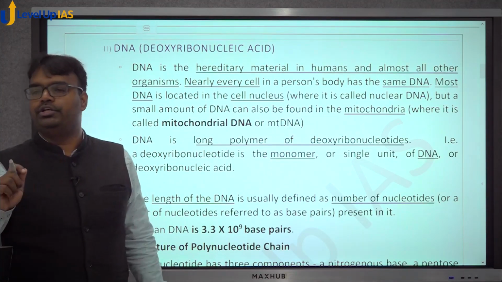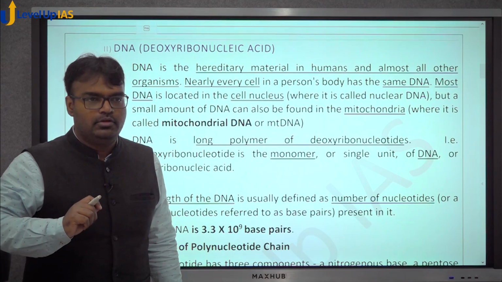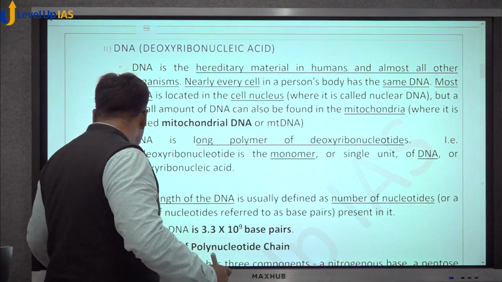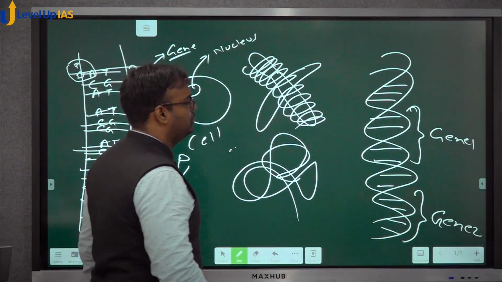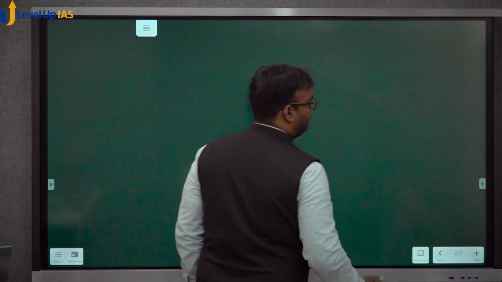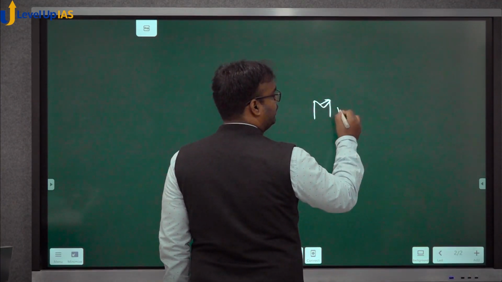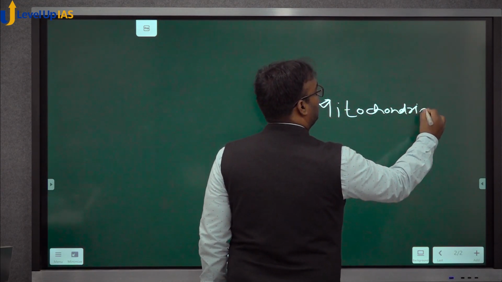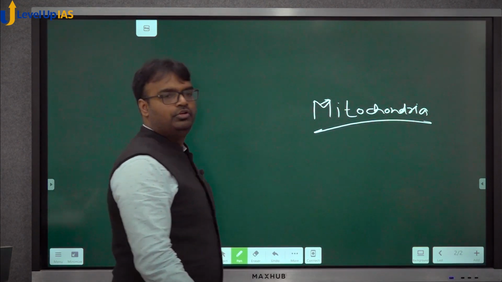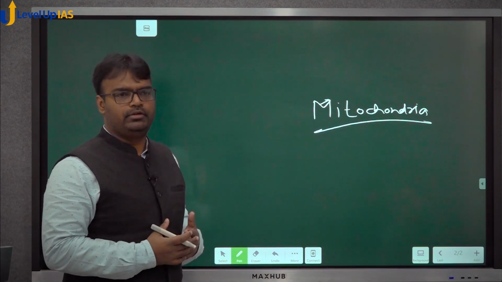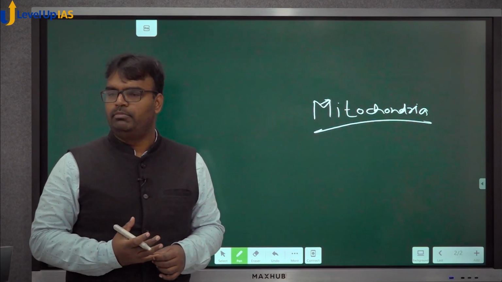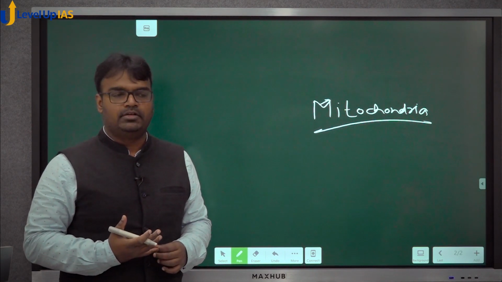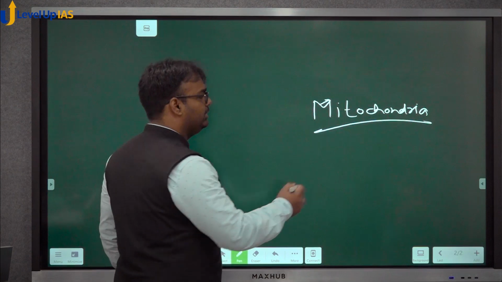Now, most of the DNA is located in the nucleus. But there are some DNAs which are located in what is called mitochondria. We'll study about mitochondria the day after tomorrow, when we move on to biology. You must be knowing about mitochondria. Mitochondria is considered the powerhouse of the cell. Right? It also contains some DNA.